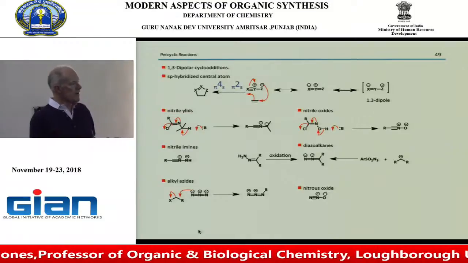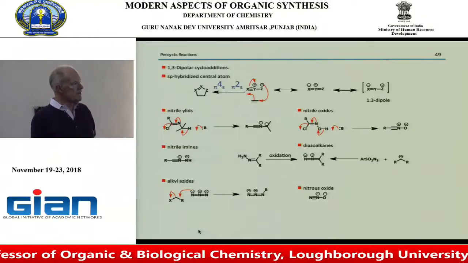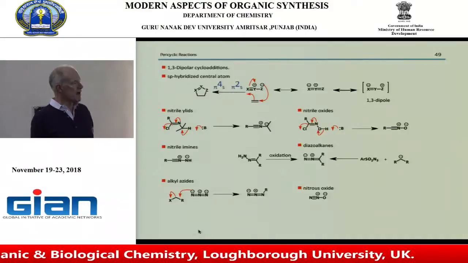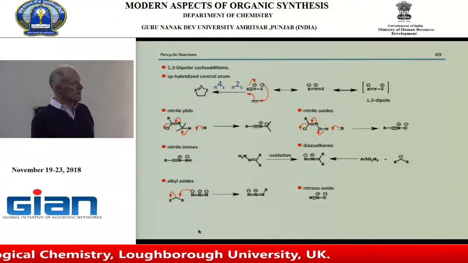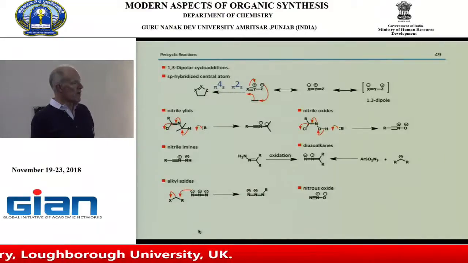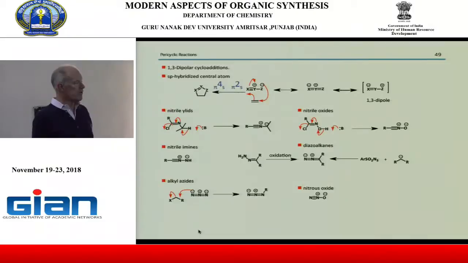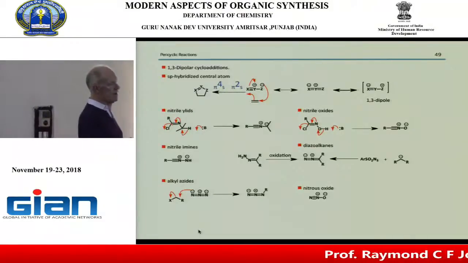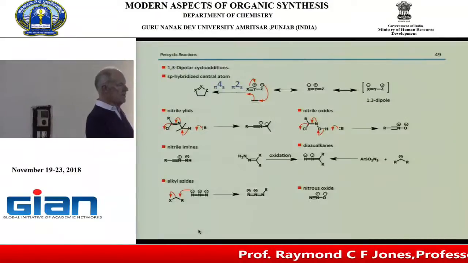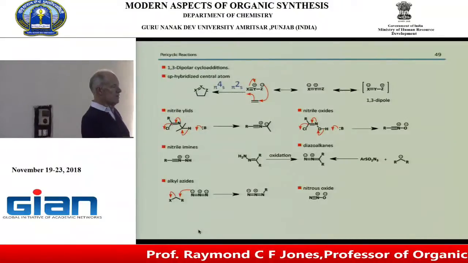Here's a nitrile imine that is a CNN dipole. Here are alkyl azides, which you can form quite easily by doing a nucleophilic substitution reaction on a primary halide with the azide.